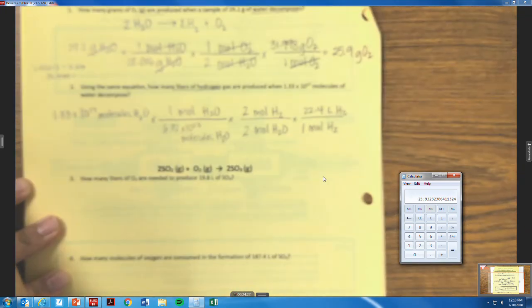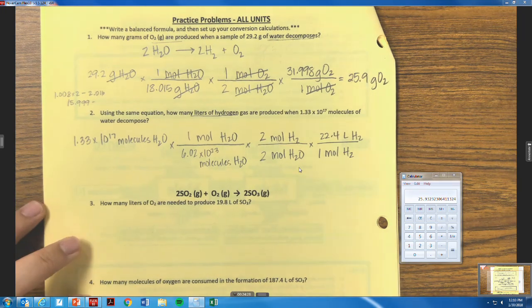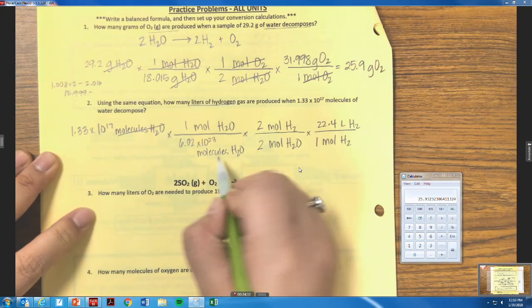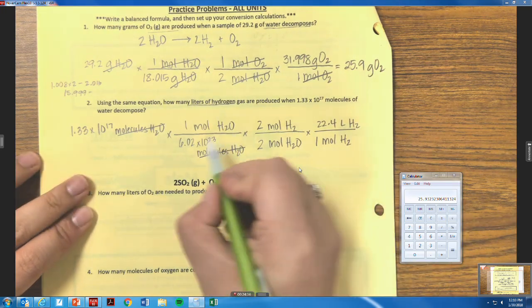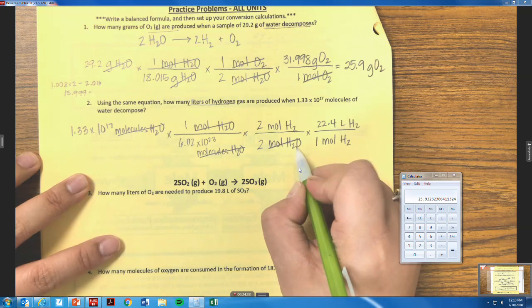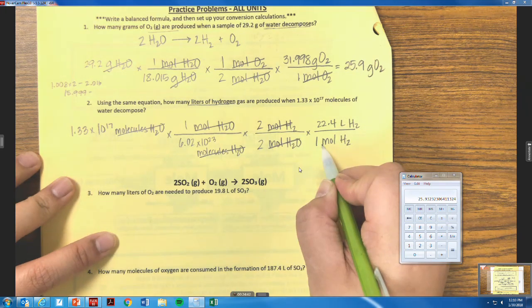Okay, so when we cancel stuff out, molecules of water cancels out molecules of water. Moles of H2O cancels out moles of H2O, and mole of H2 cancels out mole of H2.